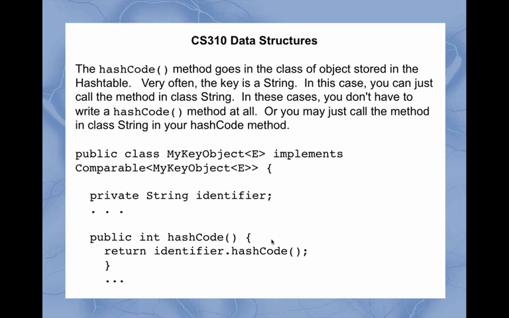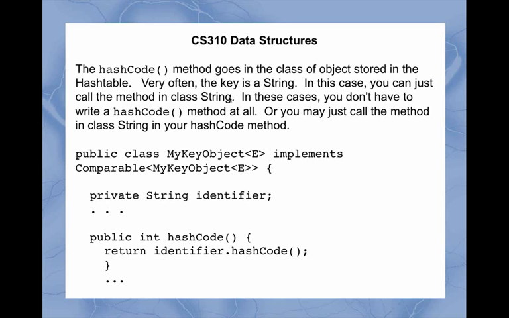So the hash code method goes in the class of objects stored in the hash table. I've said this before, but it bears repeating because it's often something the students get wrong. The string is almost always a key. In this case, you can just use the method that already exists in class string. That is, class string exists in the Java API, and it has a number of methods that have been written and provided.